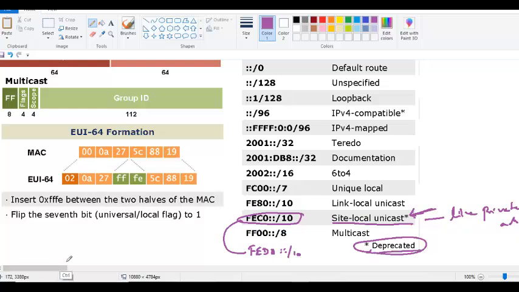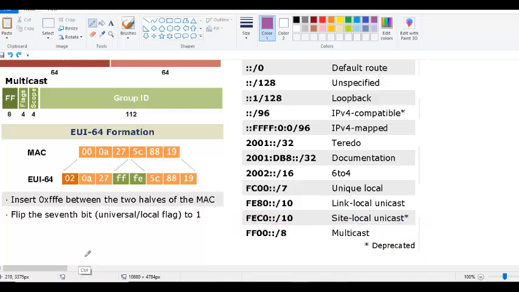This FEC0 is no more a site local address. There is no concept of private IP address in IPv6. So they removed it. There is no private IP address in IPv6. Hope you heard it. So they made it as deprecated.